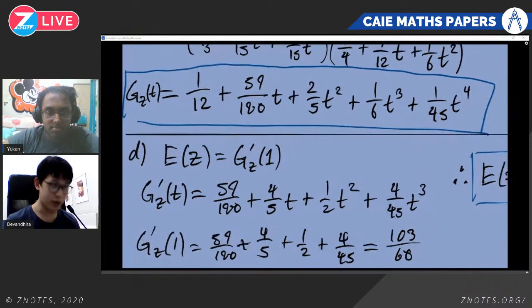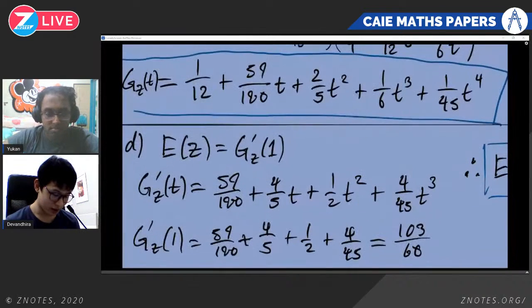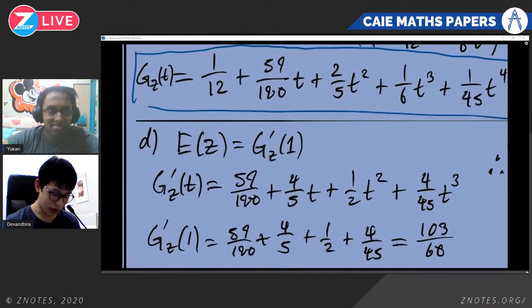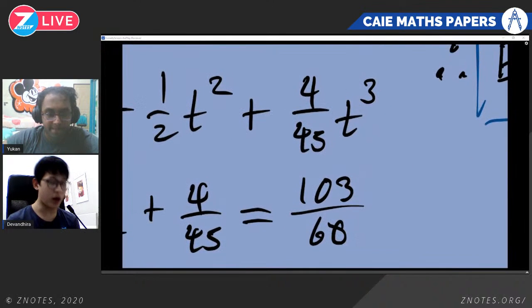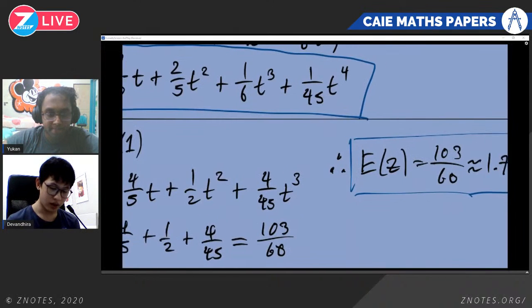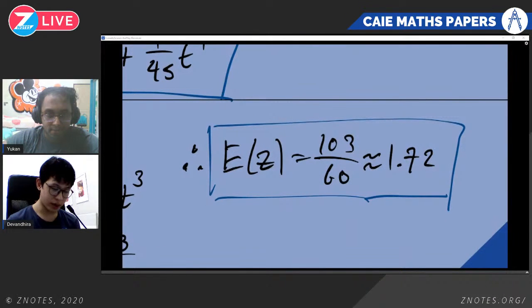I don't think I should explain how to differentiate polynomials. That's AS level maths. Once you have your derivative, that's when you put t equal to 1, and you should be getting this result. The result is just 103 over 60, so our expectation of Z is about 1.72.